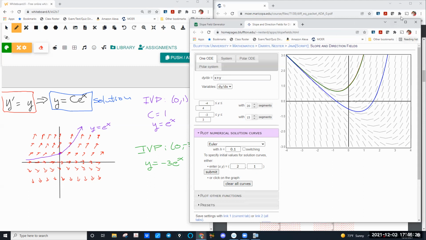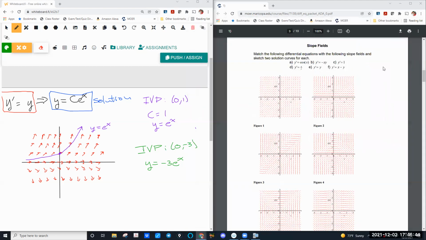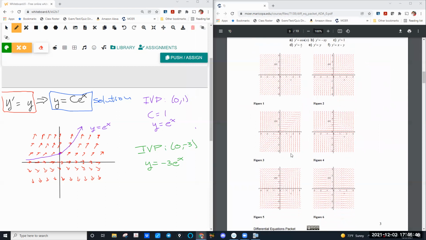Okay. Now, one of the other things we look at with slope fields is how these slope fields behave.